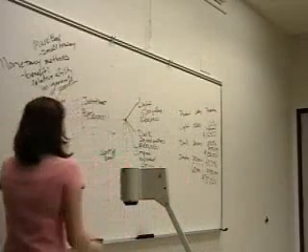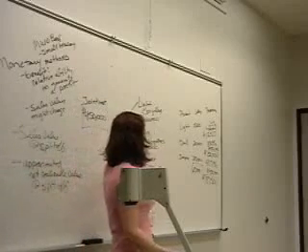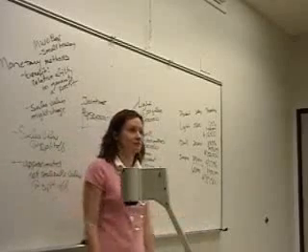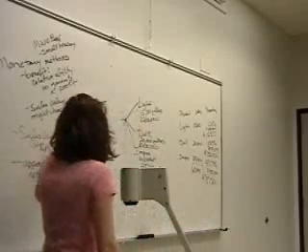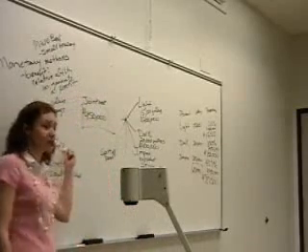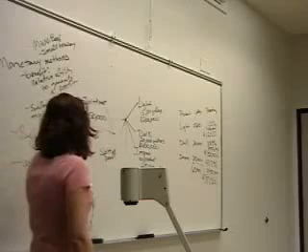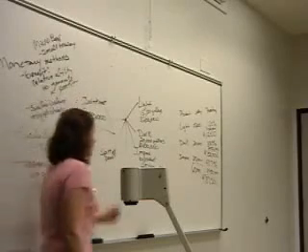Sales value at split-off point is going to allocate these costs based on the value at the point of split-off. Pretty straightforward. The name of the method is telling you what you're doing. You're separating the joint cost based on the value at the split-off point.